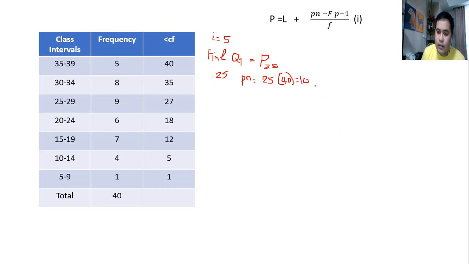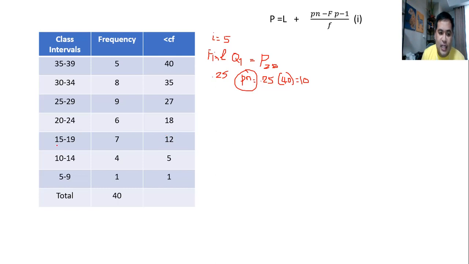Now, this will be your passport in order for you to find the percentile class. How are we going to look for the percentile class? So look at the cumulative frequency. Where does 10 lie? If we look at the cumulative frequency, you'll see that 10 lies on this particular frequency, 12.